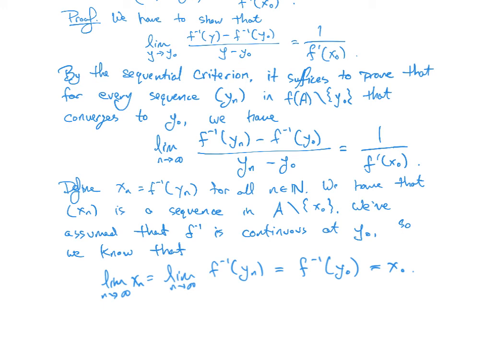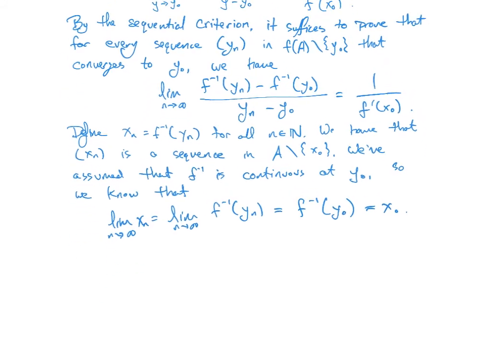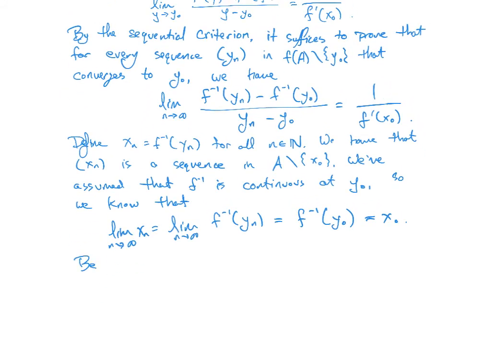Okay, and now the one thing we haven't used in our hypotheses yet is that f is differentiable at x naught. Let's use that and see what we get. What does that mean?